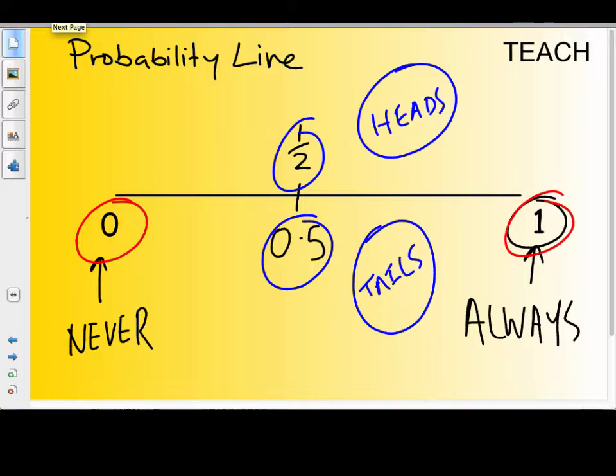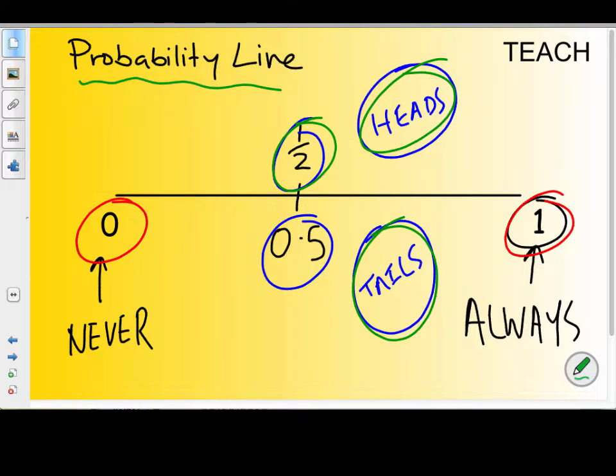Today we're going to be using the terminology of the probability line to describe chance. So if we toss a coin, we can say there is a half chance it will be heads and a half chance it will be tails. Or you could say a 0.5 chance it'll be heads, or a 0.5 chance it'll be tails.